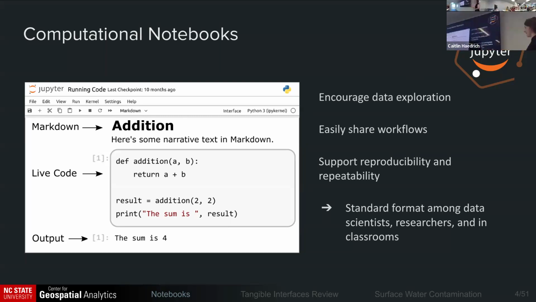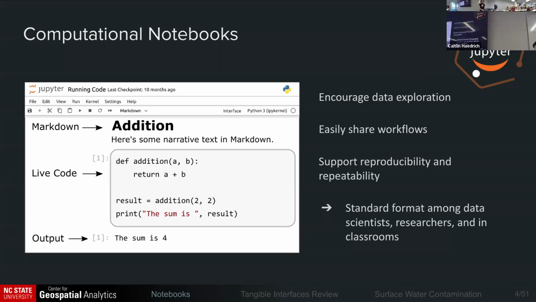They are really adaptable for that. And so they support reproducibility and repeatability in the sciences, which is a big topic of interest these days. For all these reasons, they're really popular. In particular, the Jupyter Notebook has become a fairly standard tool in data science and in geospatial analytics.